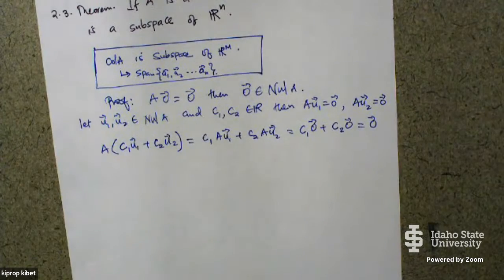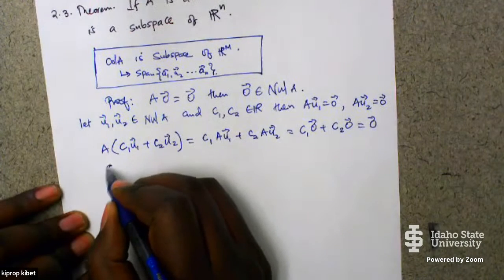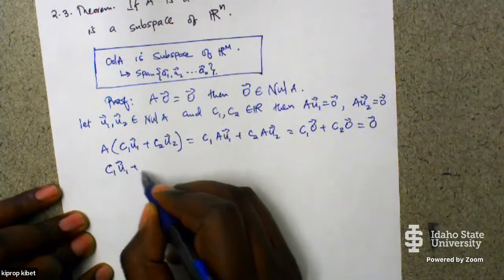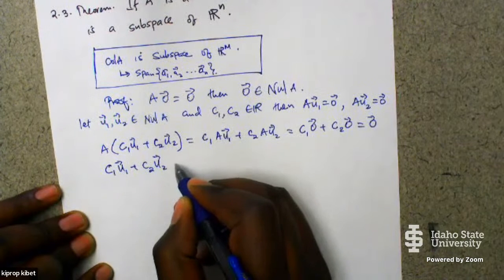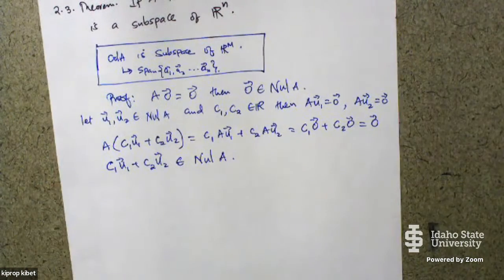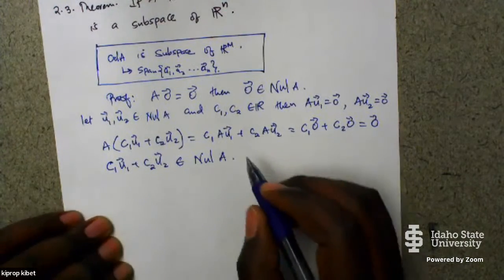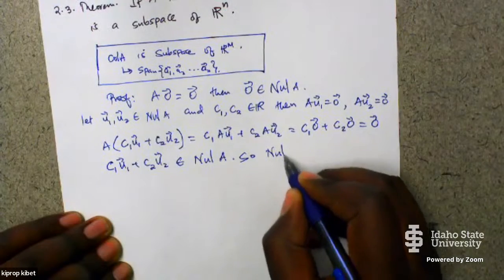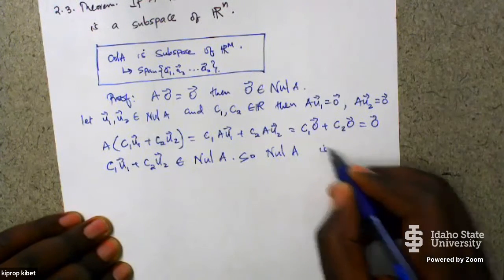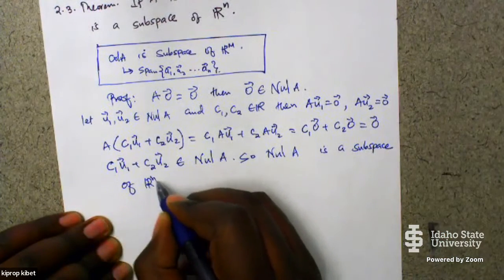Therefore, C1 U1 plus C2 U2 is an element of the null space of A. So the null space of A is a subspace of Rn.